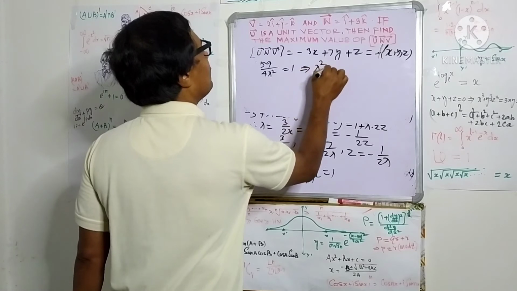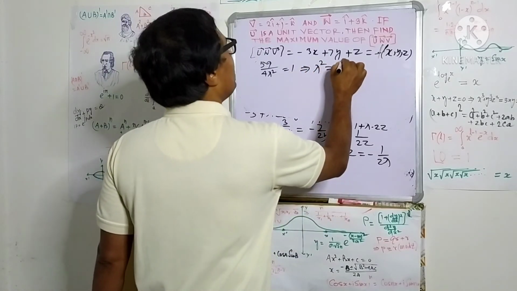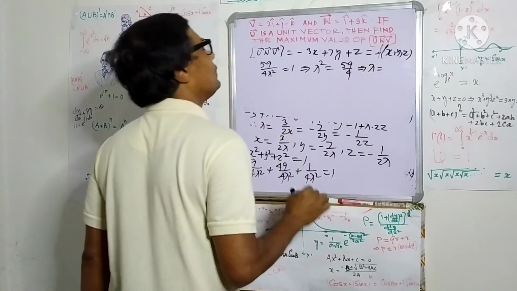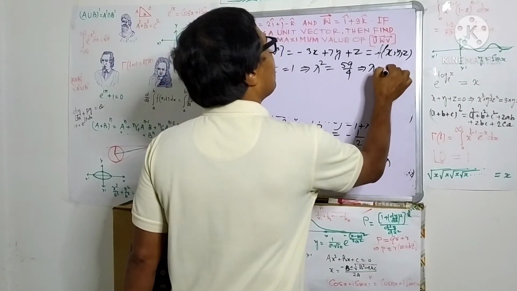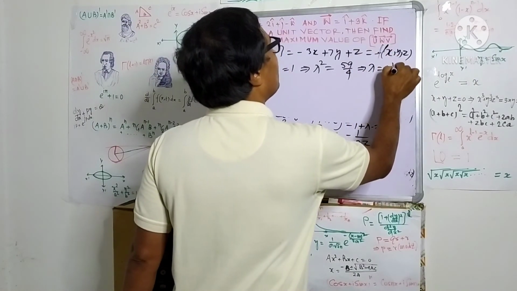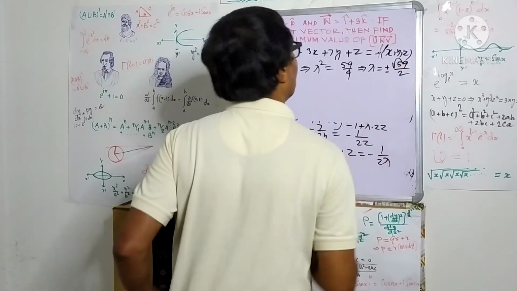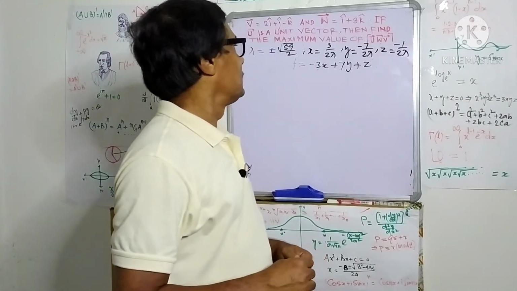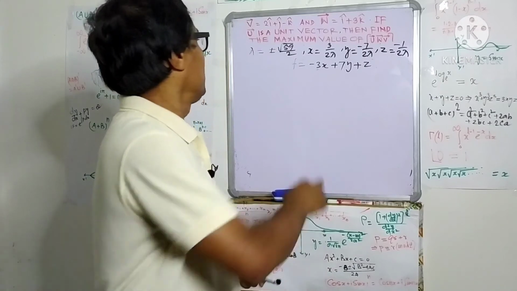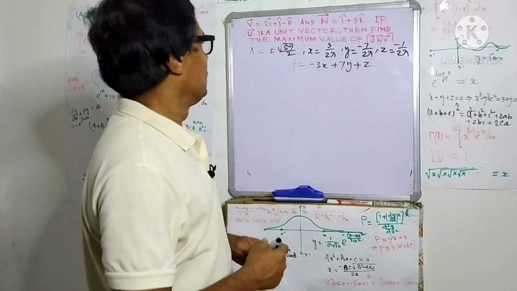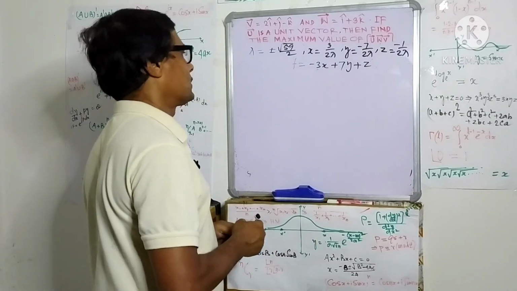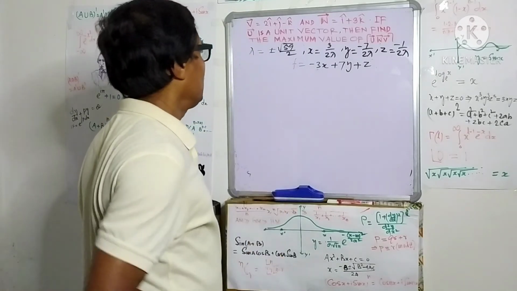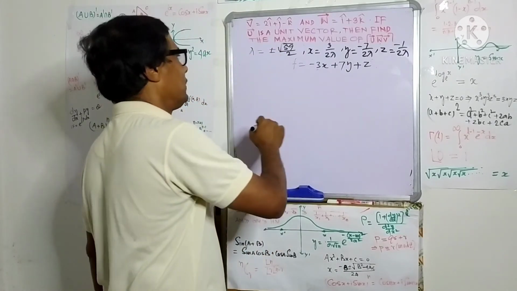So, λ² = 59/4, that is λ = ± root 59 over 2. Now, we have to find the values of the three variables x, y, z at λ = ± root 59 over 2. We get two sets of values of x, y, z. One set is for the positive value of λ, and the other set is for the negative value of λ.